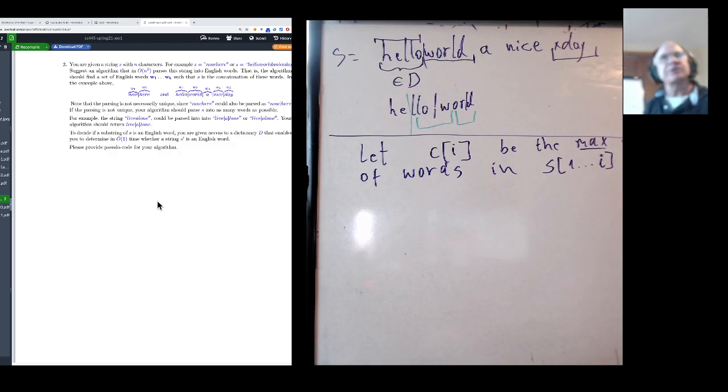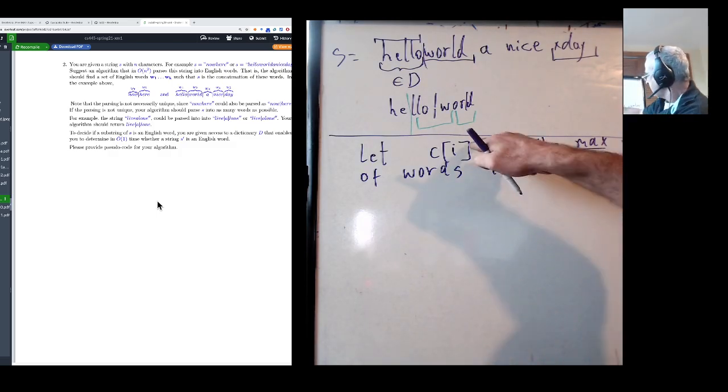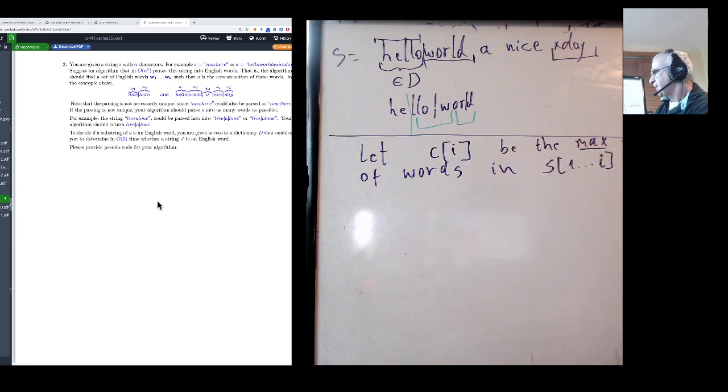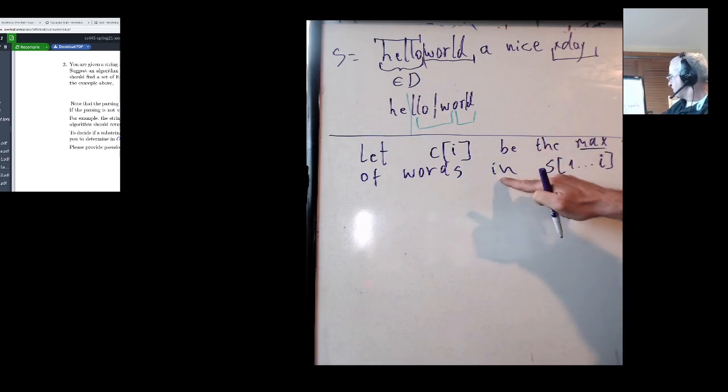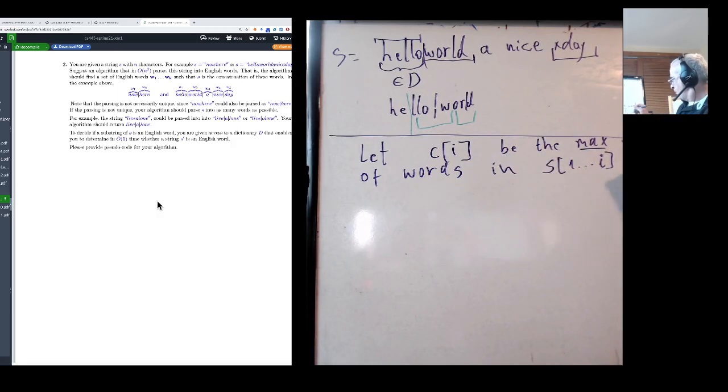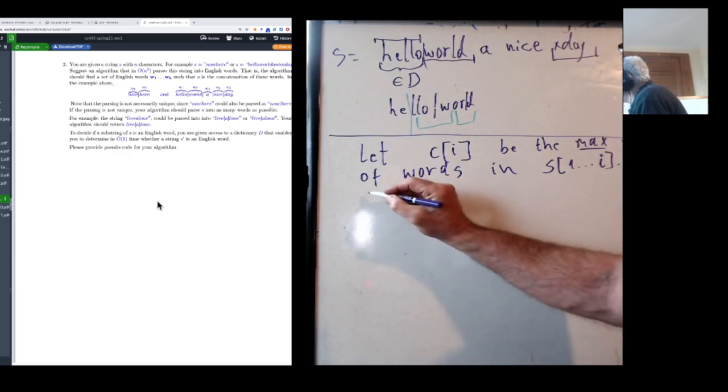So what works instead would be, let's use memorization, one of the key ideas of dynamic programming, and let Ci be the maximum number of words in the string S from 1 until I. And now what do I do?